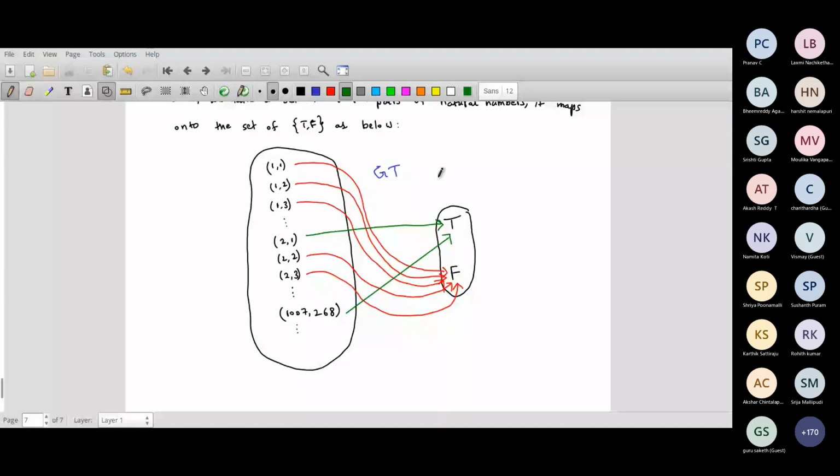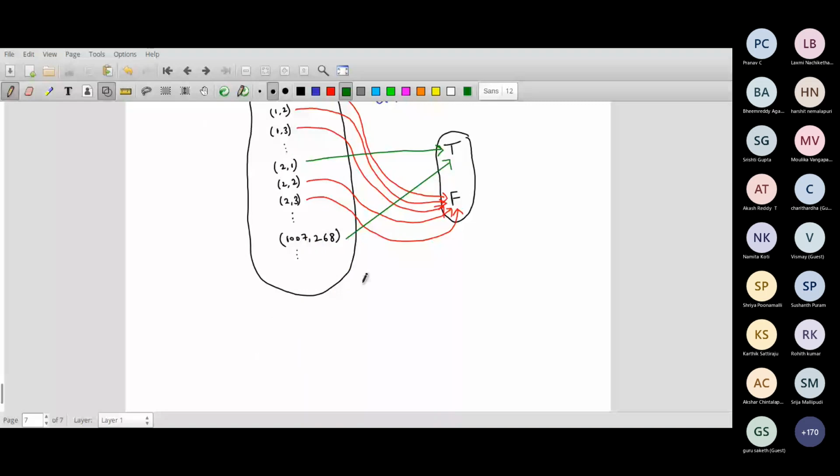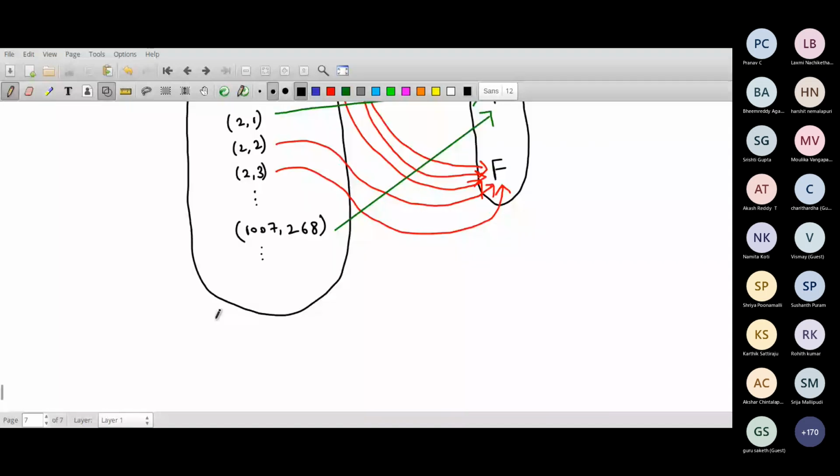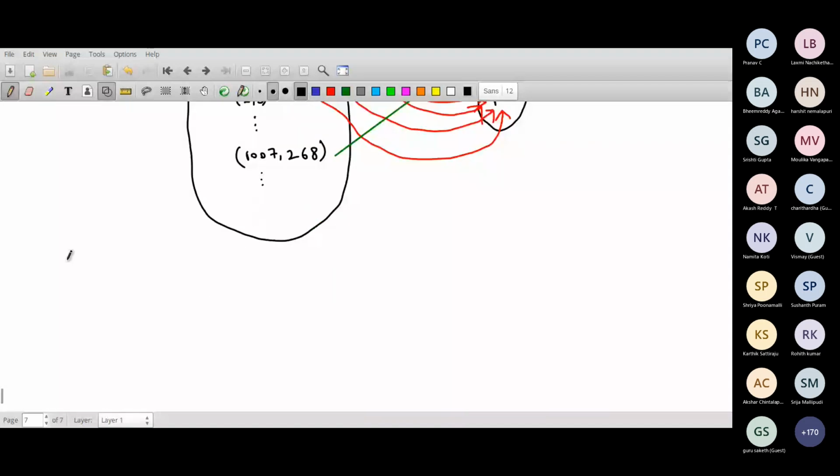Okay, so rather than drawing this Venn diagram kind of a thing every time, and rather than showing always whether every pair maps to true or false, we can simplify this further and represent greater than relation as a set of ordered pairs which are only true, like 2 1, 3 1, 3 2. Only these pairs satisfy this relation.